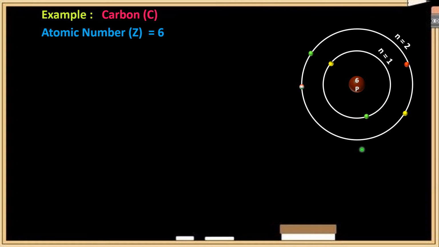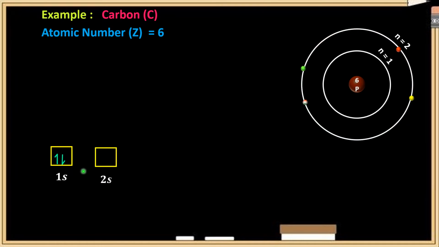Now I have to distribute these electrons into various orbitals according to the given rules. So 1s orbital, first electron enters into 1s orbital, second electron pairs up with the previous electron in 1s orbital.